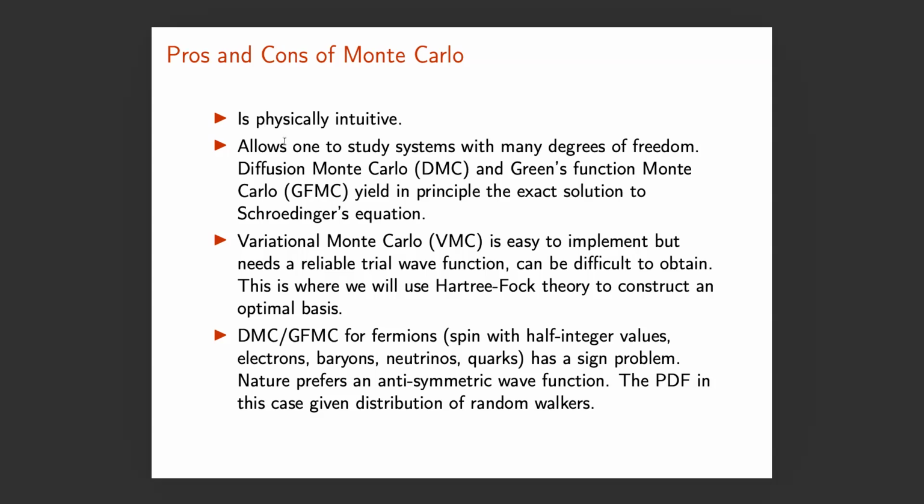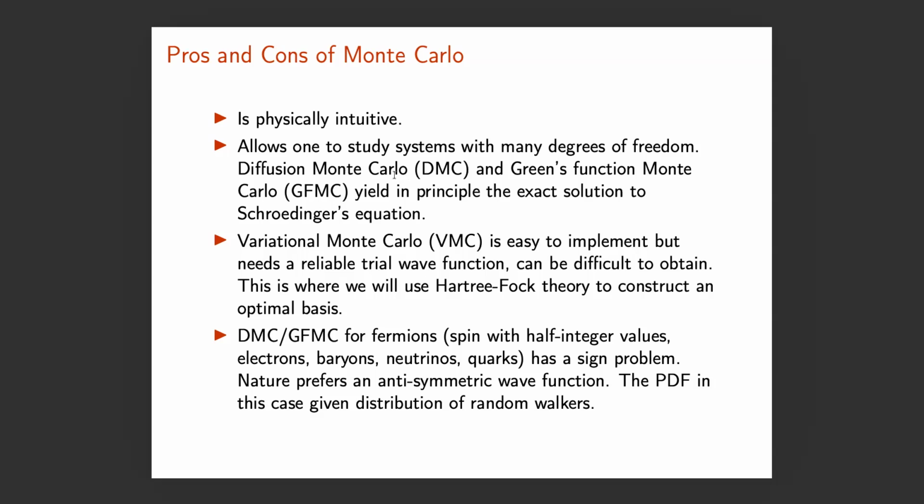The variational Monte Carlo which we use is often used as a starting point for diffusion Monte Carlo. And if somebody's interested, that could be a topic for the second project. With diffusion Monte Carlo, you can prove mathematically that if you simulate long enough, it gives you the exact ground state energy of a system. But normally it needs a good starting point for the iterations. And that's where variational Monte Carlo comes in as an intermediate step.